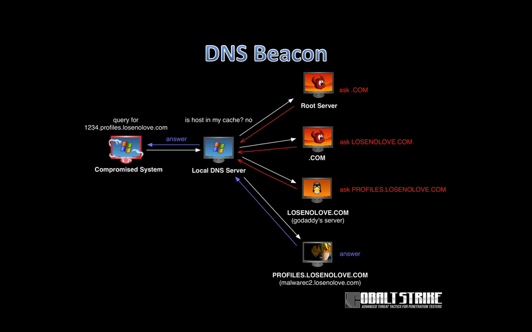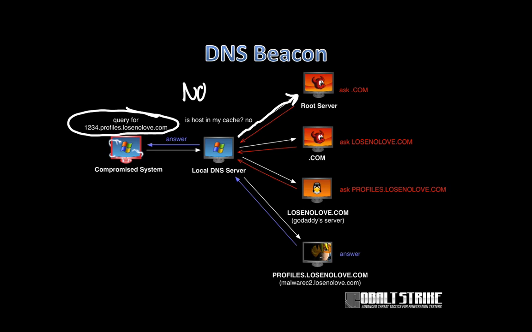And the root server is a top-level server that is kind of authoritative for the internet. So it contacts the root server and says, root server, do you know the 4-byte response for this A record lookup for 1234.profiles.losenolove.com? And that server is, of course, going to say no. It doesn't actually know that answer.